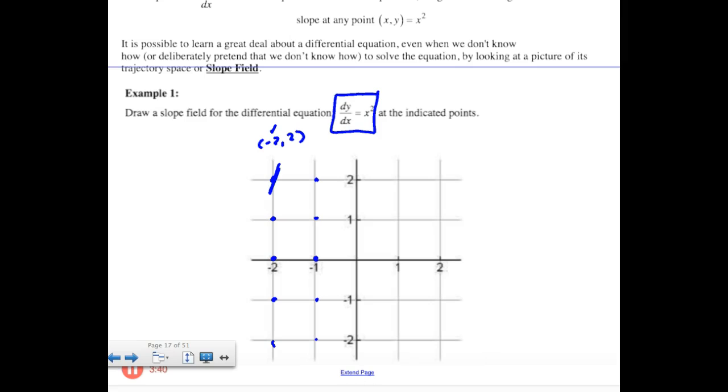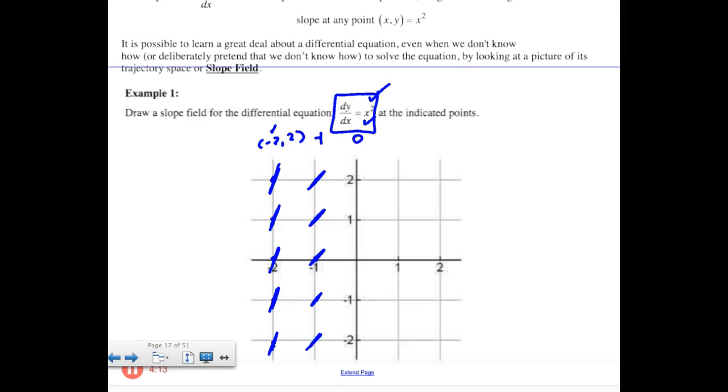But it's not dependent upon y. It's only a function of x. It's only determined by its x coordinate. So everywhere along the line x equals -2, I'm going to have these very steep tangent lines that have a slope of 4. Likewise, on this line where x is -1, it doesn't matter what y is. The derivative is going to be -1 squared, or 1. So I'm going to make little tangent lines that have a slope of 1.